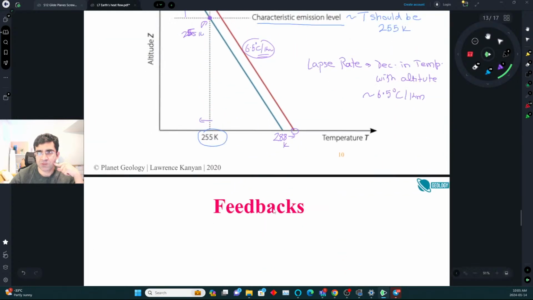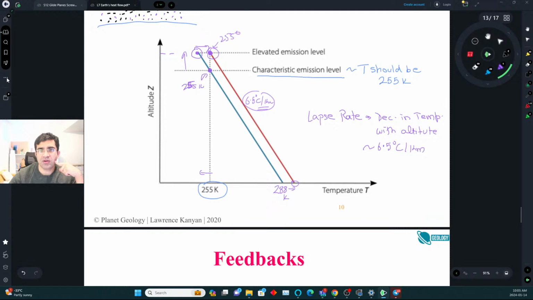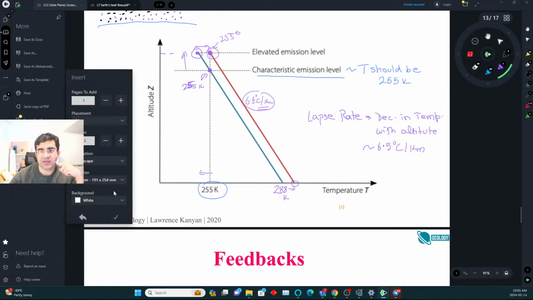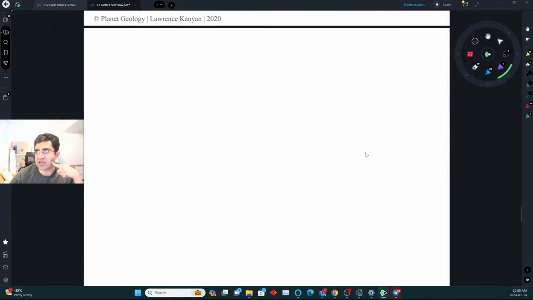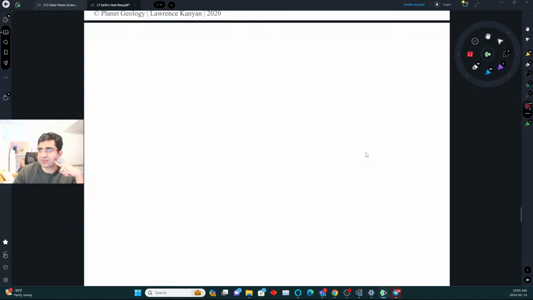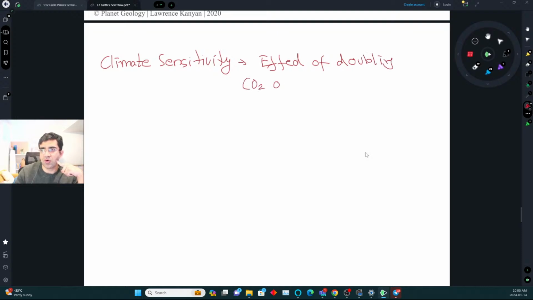Yes, sir. Okay. Now the thing is, there is a concept which is called climate sensitivity, which is the effect of doubling CO2 on mean earth temperature.